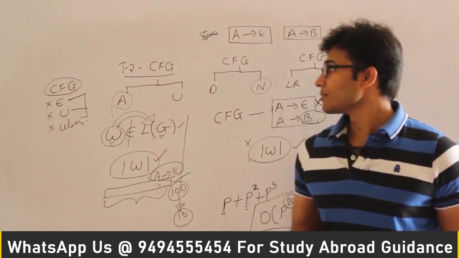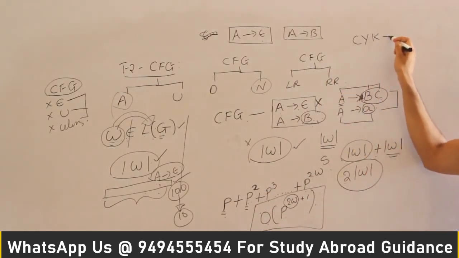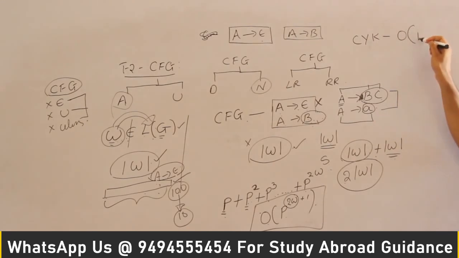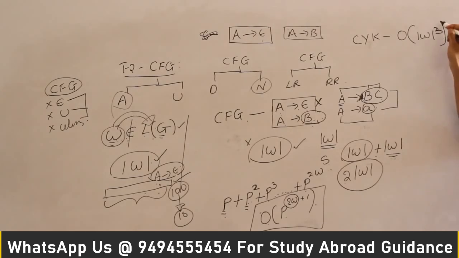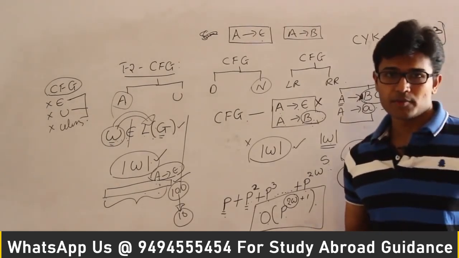One such algorithm is the CYK algorithm. Using the CYK algorithm, we can find out the membership of any string in order of mod w cube, which means it is an order of n cube algorithm, which is a polynomial algorithm.